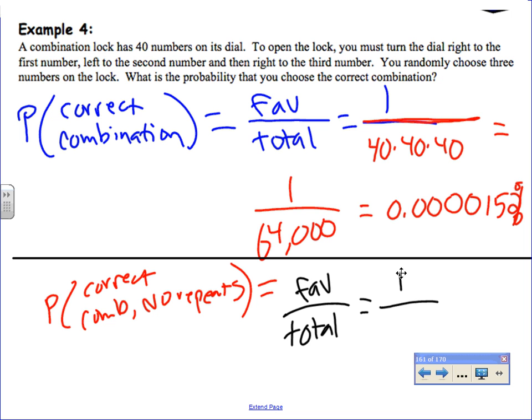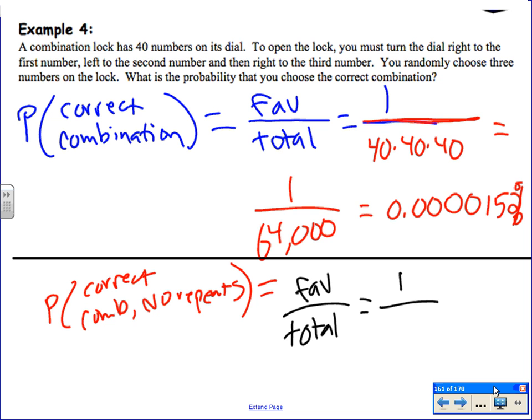If you cannot repeat, Nathan S., how do we figure out how many options we have? Awesome. All we're doing now, since there cannot be repeats, is we're taking 40 for the first spot times, if we already chose a number, the second number in our password, there's only 39 options. So times 39 and then times 38.